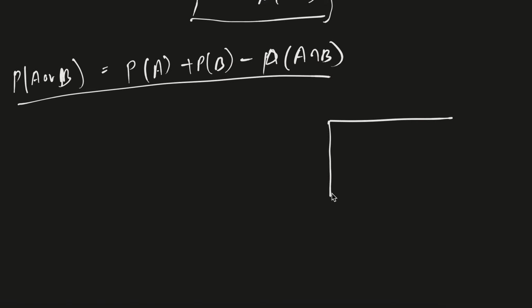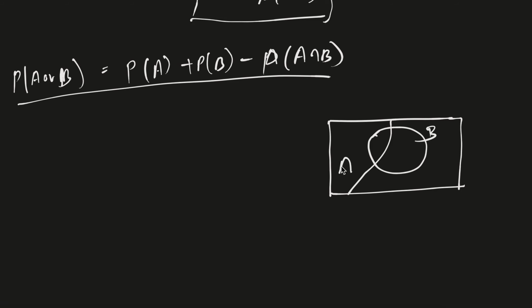Let's say this is our B and we have A here. Now we want to know the conditional probability. What is the probability that B occurs given A? So this slash right here basically means given.